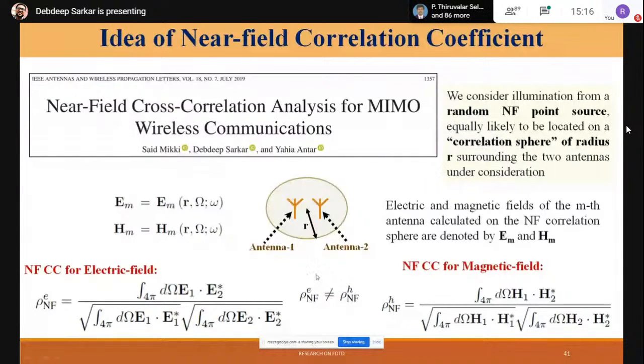So it was interpreted that we will definitely have two types of correlation coefficients: one is the electric field correlation coefficient, and one is the magnetic field correlation coefficient. That was a kind of conjecture that we had, and we worked on that.